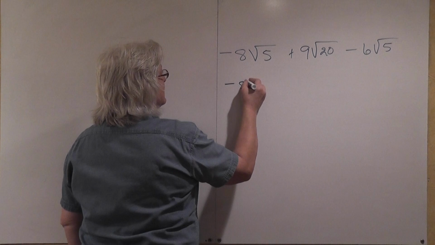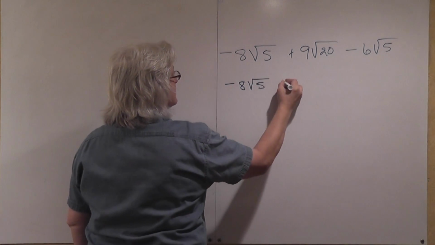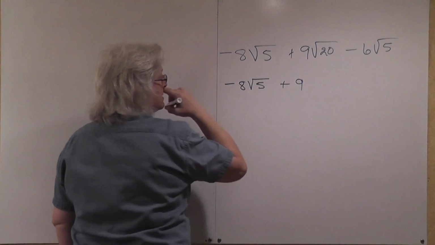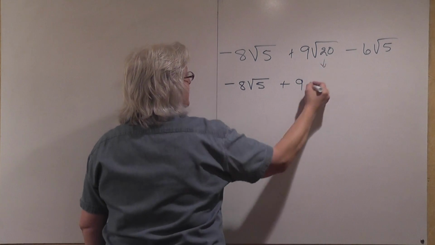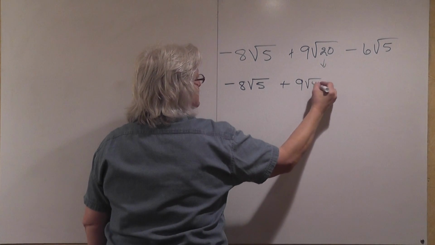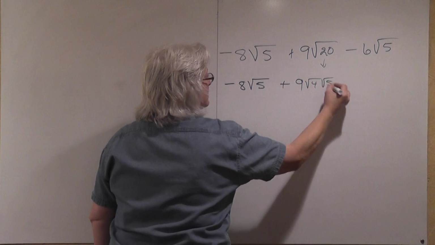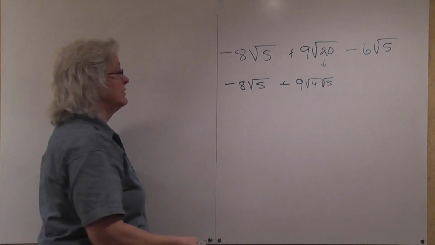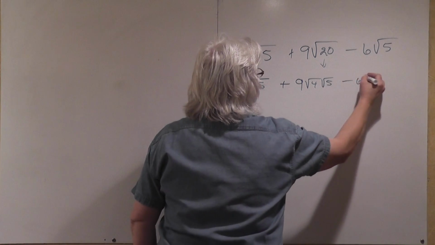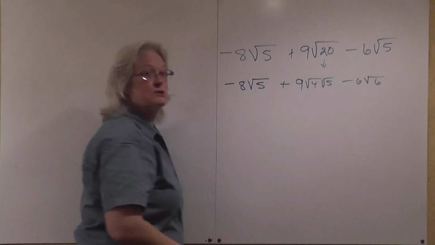So we have -8 times the square root of 5 plus 9, I'm going to skip this one little written step here, times the square root of 4 times the square root of 5 minus 6 times the square root of 5.